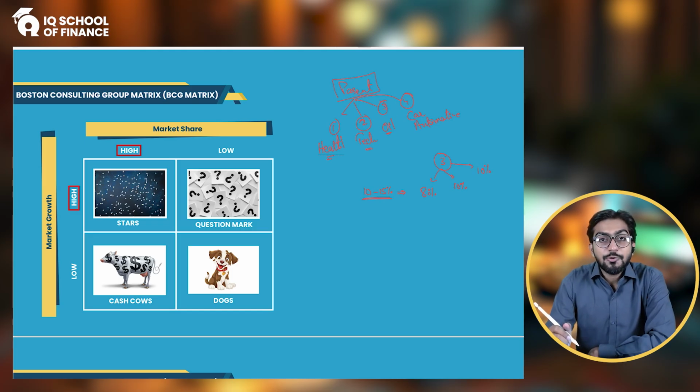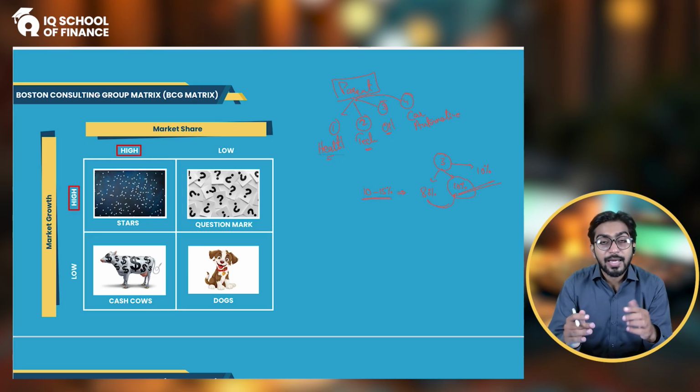Now tell me, do you have a high market share or a low market share? Market share means how many customers you have. All right. So in this scenario, again, the percentage is 10, but now, based on comparison with the others, it is low.